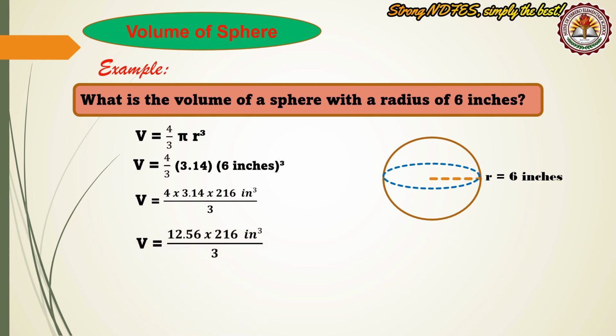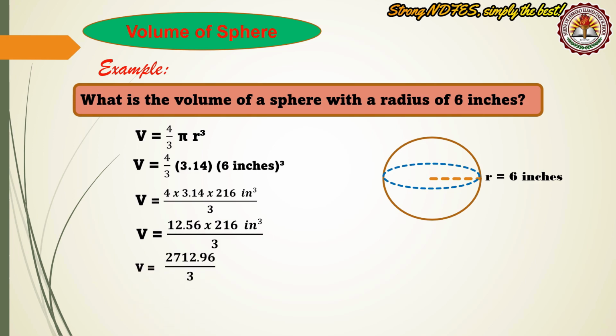Next is, we are going to multiply 3.14 by 4. So, we will get 12.56 times 216 cubic inches over 3. Multiply 12.56 times 216 cubic inches.